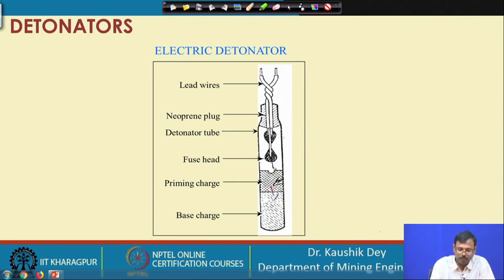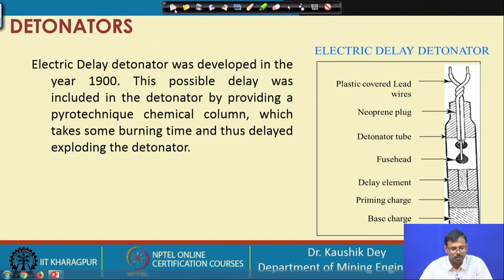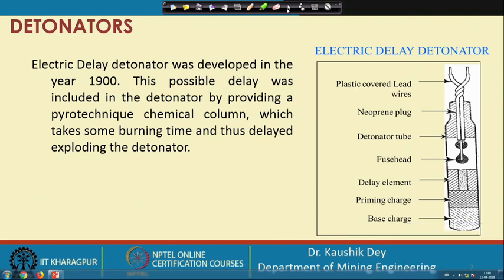So, from the fuse head the flame comes to the primary charge, and from the primary charge to the base charge, and in this way the explosion is carried out. The purpose where we are supposed to use different times of blast for different holes could not be achieved, because all the holes are blasted simultaneously.